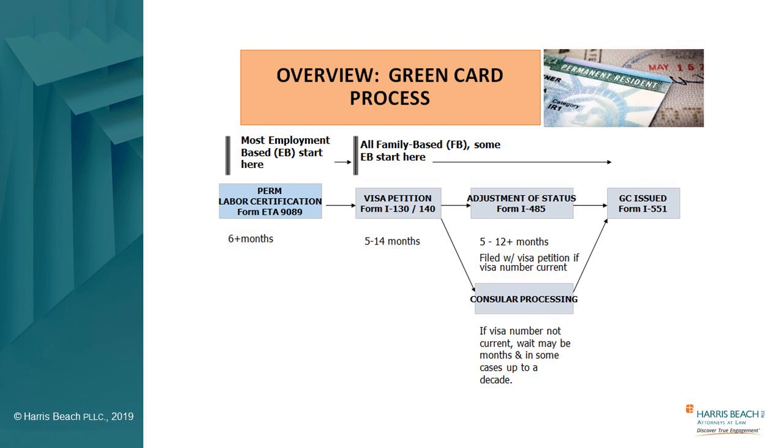So if it's a process that is subject to the Perm Labor Certification, the date that application is filed with the Department of Labor is that employee's priority date. If it's an employment-based case that is exempt from the Perm Labor Certification, which I'll mention a little later, then the first thing they file is going to be that I-140. They file that directly with USCIS, and the date that is filed would be the employee's priority date.